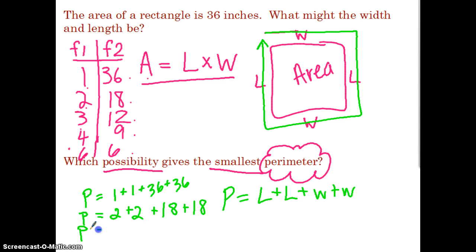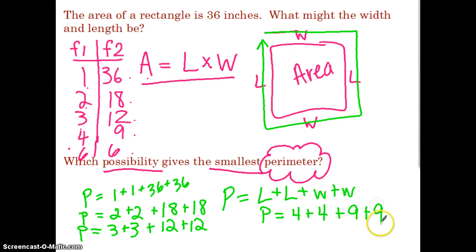The perimeter formula for a 3 by 12 rectangle is going to be 3 plus 3 plus 12 plus 12. The perimeter for a 4 by 9 is going to be P equals 4 plus 4 plus 9 plus 9. And the perimeter formula for a 6 by 6 is going to be 6 plus 6 plus 6 plus 6.